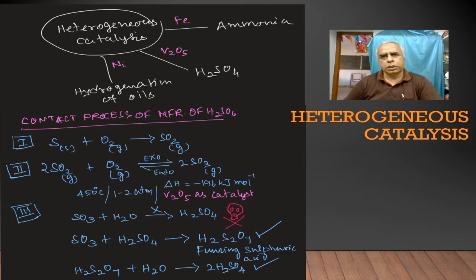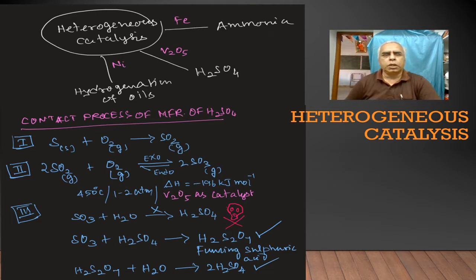Let me explain about this contact process of manufacture of sulfuric acid. Where this catalyst is used, it is used in the second step only. The manufacture of sulfuric acid consists of three steps. Step 1, formation of sulfur dioxide from sulfur and oxygen.